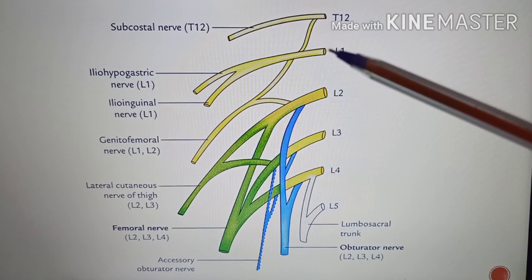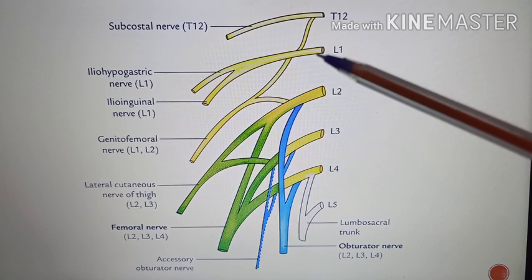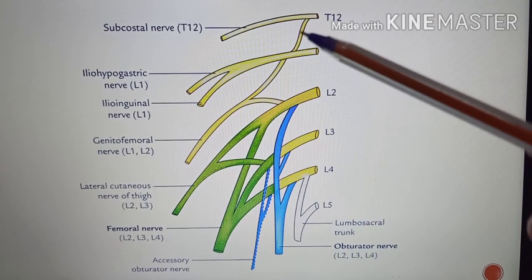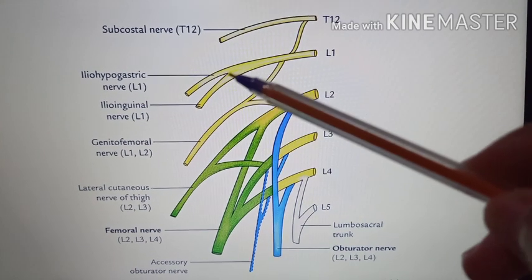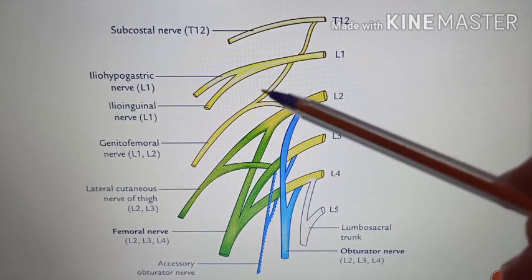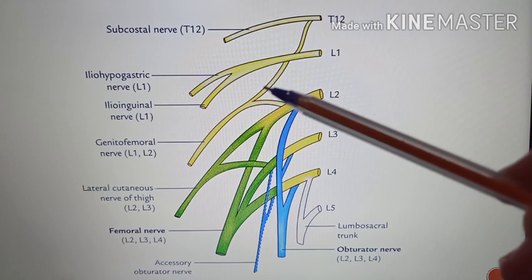You can see this L1, the first lumbar nerve, receiving a twig from the subcostal nerve, which is later dividing it into an upper larger branch as well as a lower smaller branch.